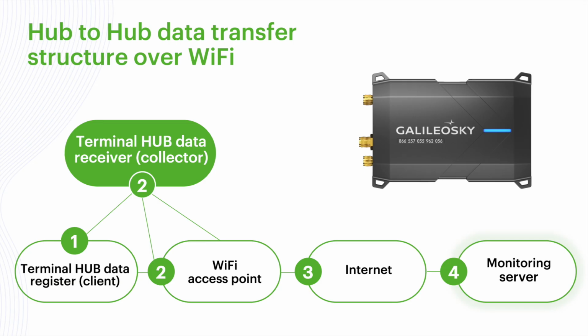We recommend this solution for devices that work in areas in which there is no GSM connection, no Wi-Fi connection available. So we are talking about mining applications. We are talking about applications in very deep forest.